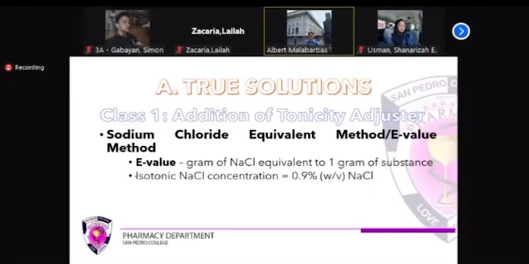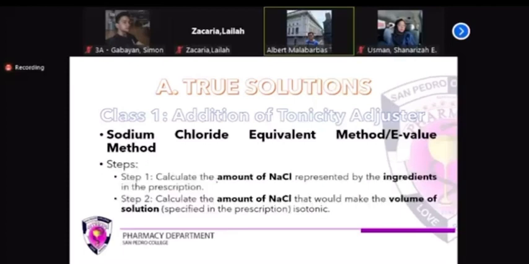Next, for the second class 1 method, we have your sodium chloride equivalent method or your E-value method. So your E-value, it refers to the grams of sodium chloride equivalent to 1 gram of a substance. So the most commonly used class 1 method, it's your sodium chloride equivalent method or E-value method.